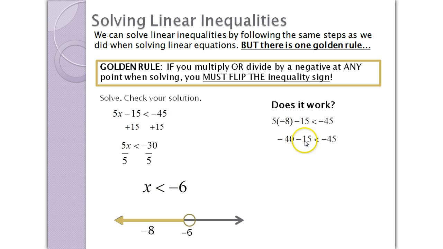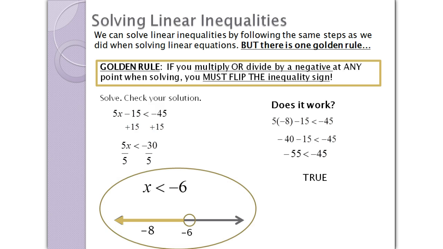Negative 40 minus 15 is negative 55. So now you need to ask yourself, is negative 55 smaller than negative 45? And it is. That's a true statement. So this is correct. That is our final answer.